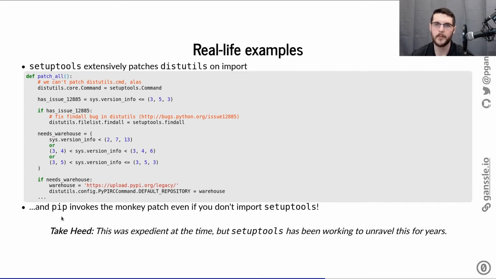And at some point, pip started importing setuptools automatically before running setup.py so that it would be able to take advantage of some of the fixes that setuptools is applying to distutils. This was, I guess, expedient at the time, but it has made a lot of people start relying on this setuptools patch distutils, which has made it very difficult for setuptools to unravel this monkey patching, which it's been trying to do for years now.